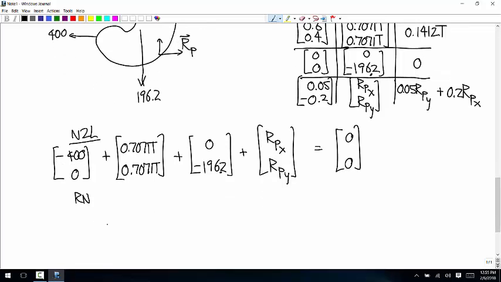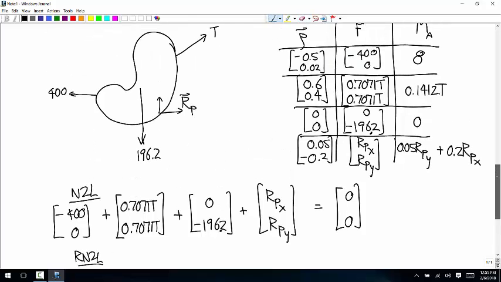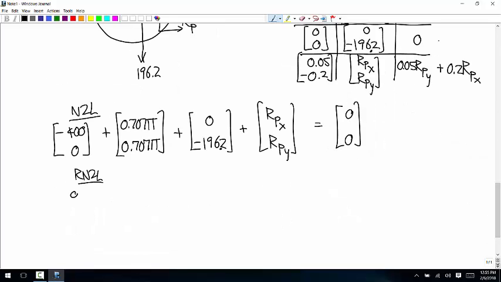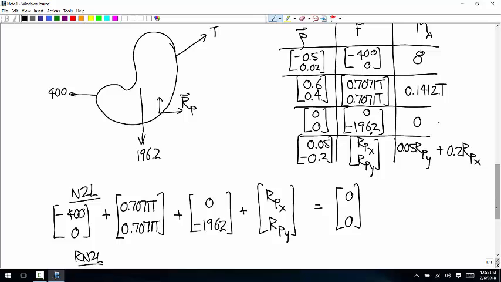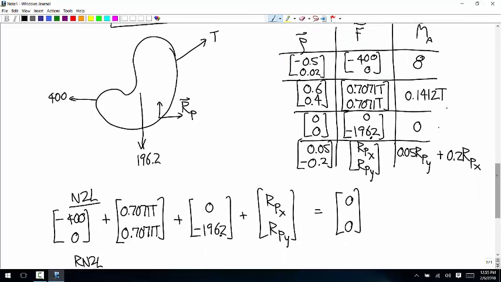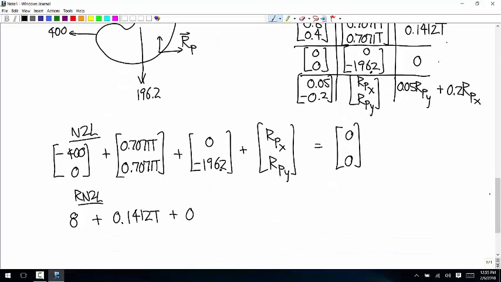And then the moment equation, just adding up the moments. So 8 plus 0.1412 T plus 0 plus 0.05 RPY plus 0.2 RPX is equal to 0.